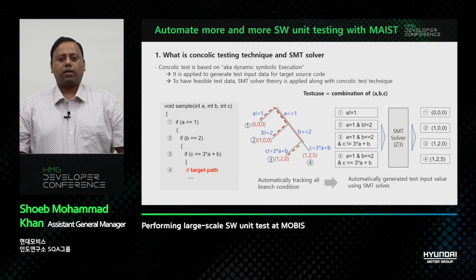Let us understand the concept with an example in which we aim to achieve 100% statement and 100% branch coverage. Consider the target function named sample having 3 input parameters, and our objective is to test the logic located at position number 4. To accomplish this, we need to satisfy 3 nested if conditions.